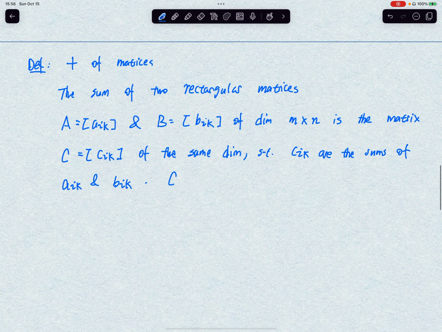So we have C equals A plus B, while cik equals aik plus bik.